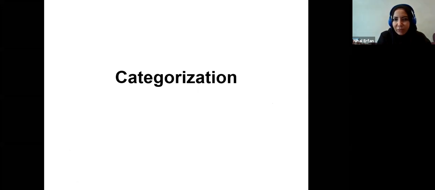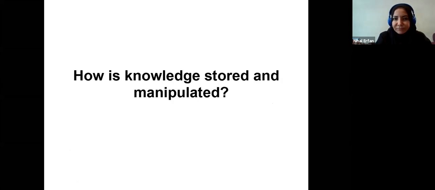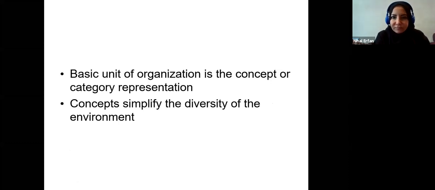So we move on to categorization, and that's where you put things into groups to help you learn. So how is this knowledge stored and manipulated? This is the basic unit of organization, this category representation.